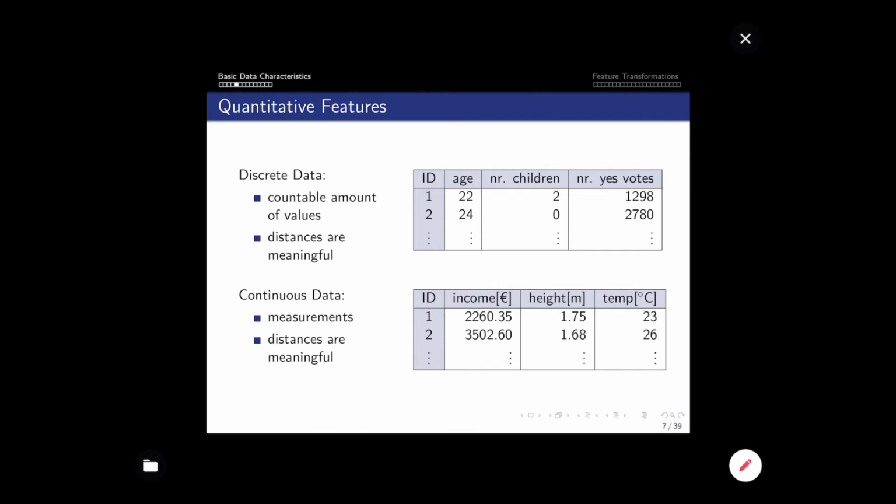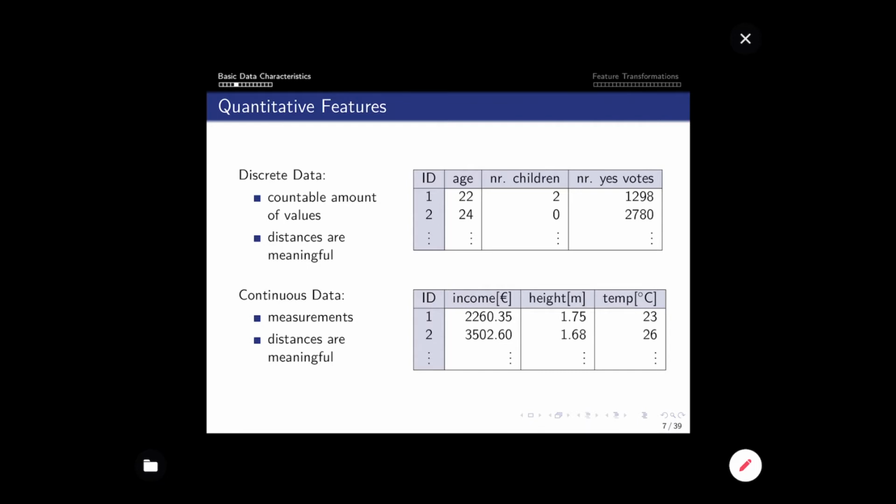For example, age would be a discrete feature. You always know that the distance between being 22 and 23 is exactly 1 year, and this will always be the same. They have well-defined distances, same as with the number of children or number of yes votes.